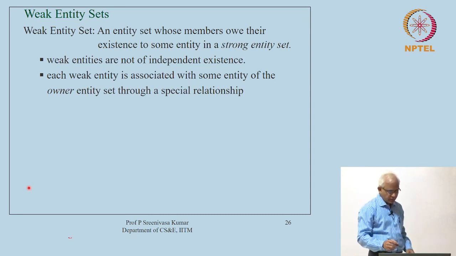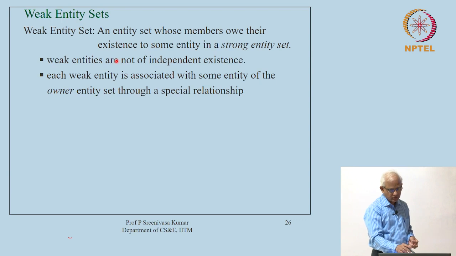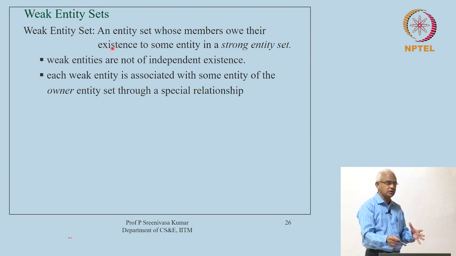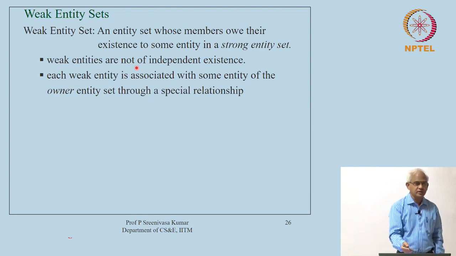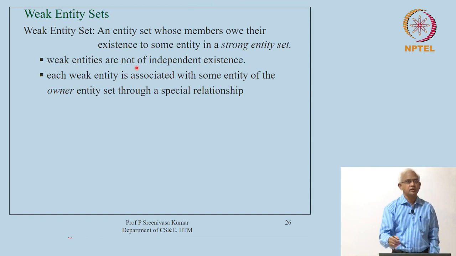Now, in practice we also encounter a slightly different kind of entities. These are called weak entities. The difference between this and the entities that we have been discussing so far, which can now be called strong entities, is that the existence, as far as this information system is concerned, of the entities in this weak entity set depends on the existence of some other entity.